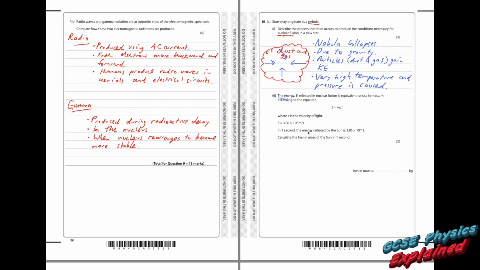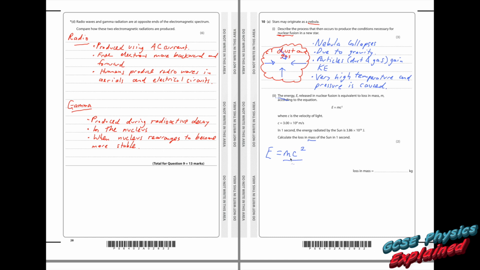In 1 second, the energy radiated by the sun is that many joules. Calculate the loss in mass of the sun in 1 second. So we just need to rearrange it to find m. So if I just write the equation down here, E equals mc squared. This is Einstein's most famous equation.